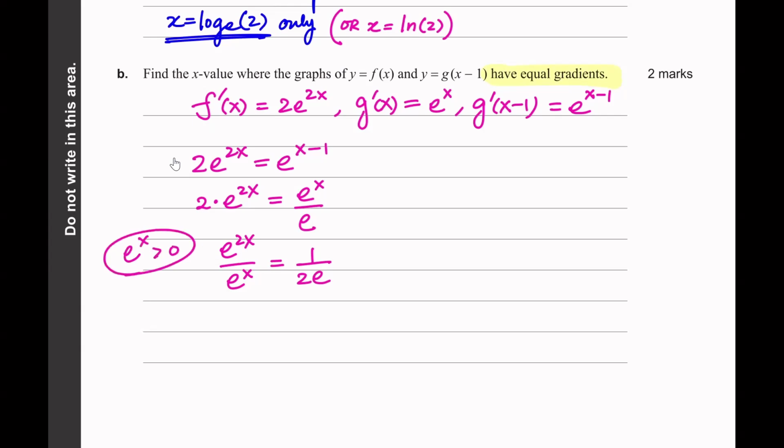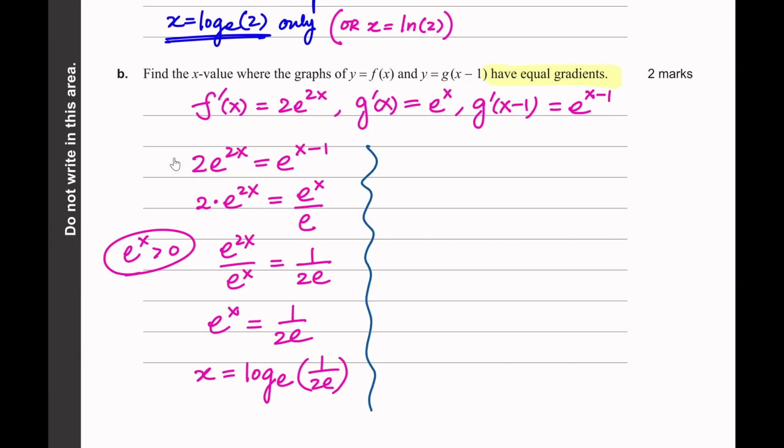Yes, you can divide it through, okay? And then I can simplify everything to e^x equals 1 over 2e. So take the natural log. x equals log e of 1 over 2e. Of course, you might, let's say, see other variations.